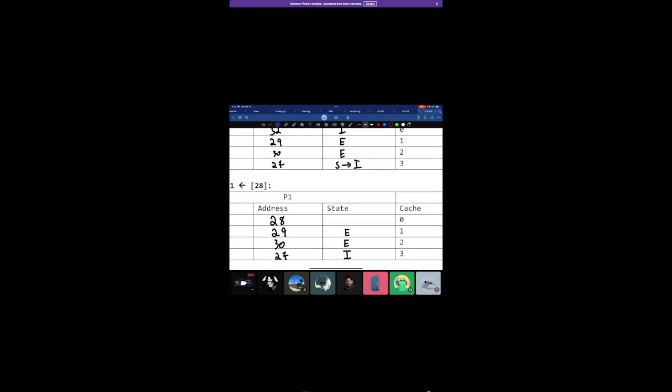Okay. We can rewrite our others. Since we pulled the value of address 28 directly from main memory, that means the value in cache 1 is the same as the value in main memory. So from that, it's going to be exclusive.